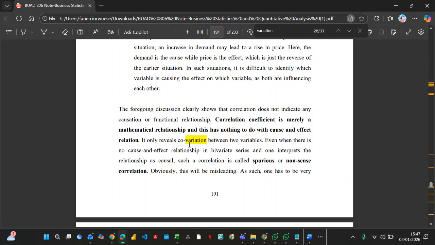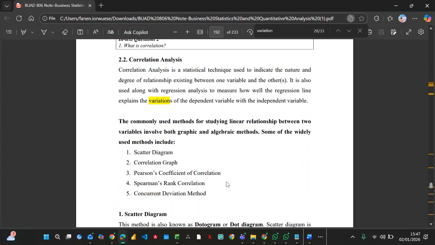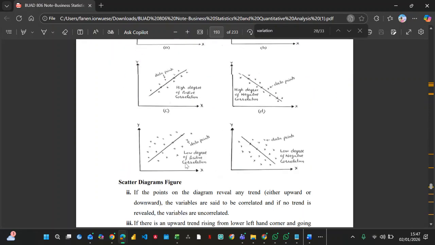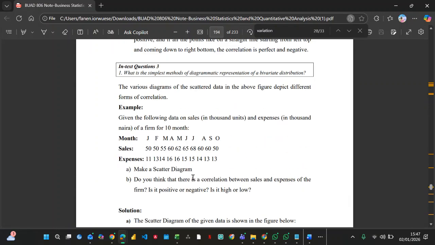It only reveals variation between two variables, even when there is no cause and effect relationship in a bivariate series, and one interprets the relationship as causal. So such a correlation is called spurious or nonsense. Let me just go to the formula. I'm looking for a formula here.